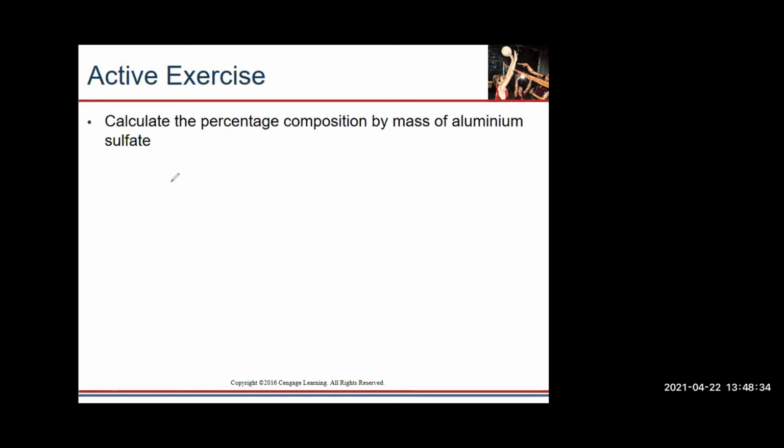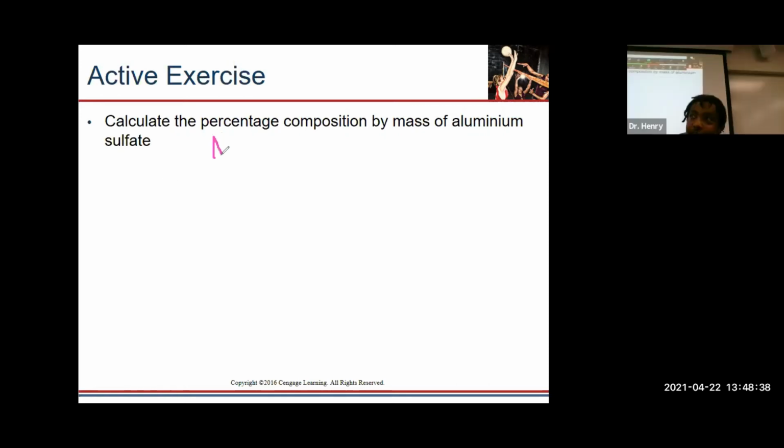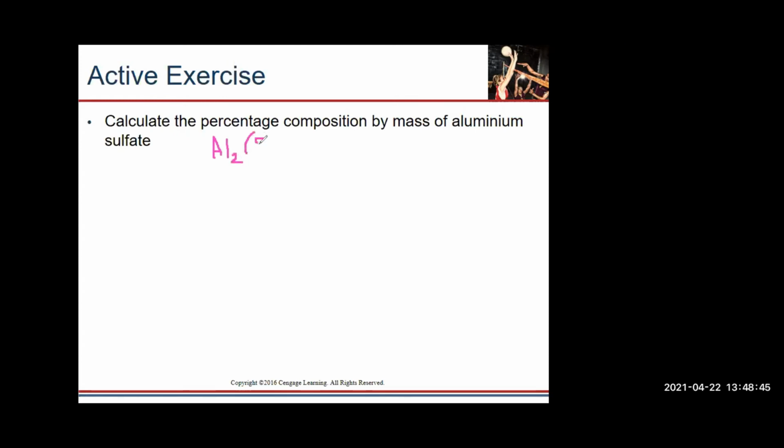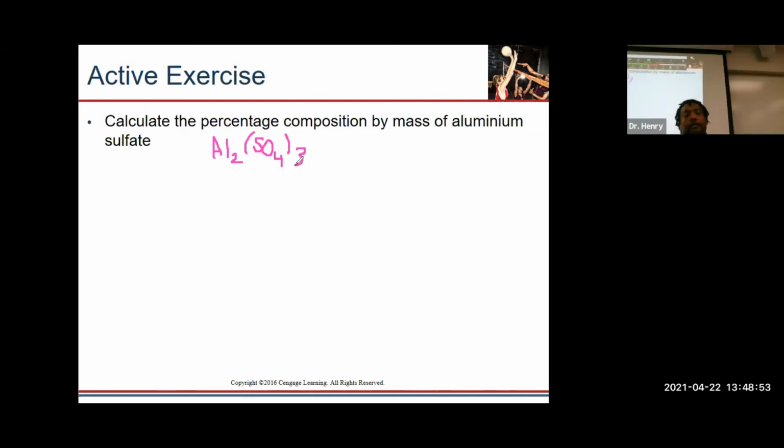It would be Al2(SO4)3. Okay, so that gives me my formula.